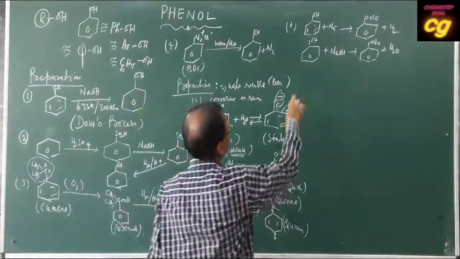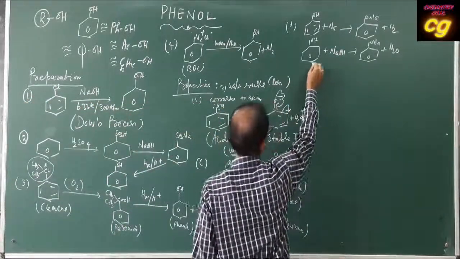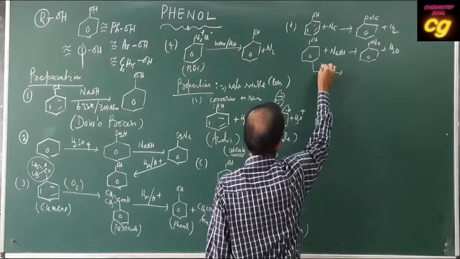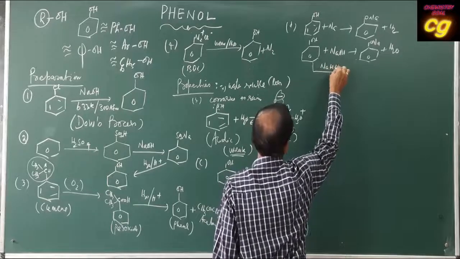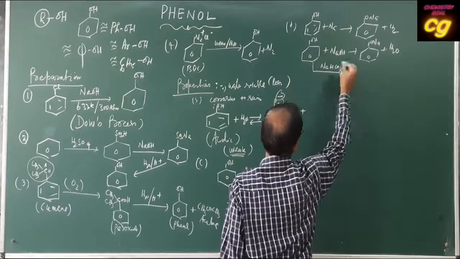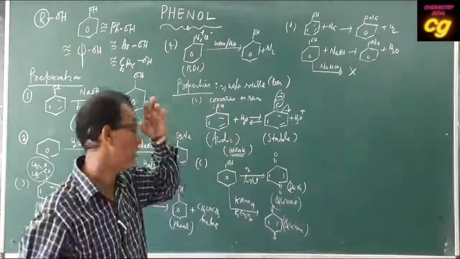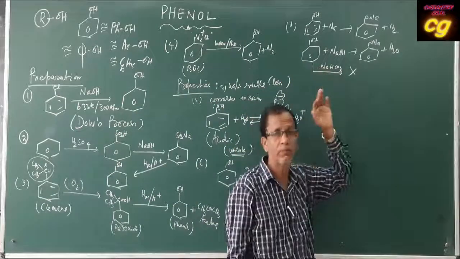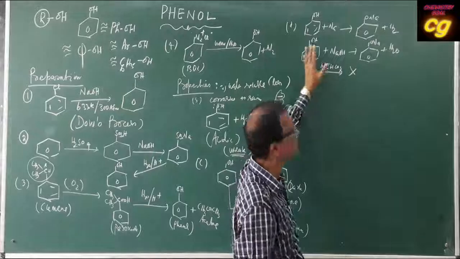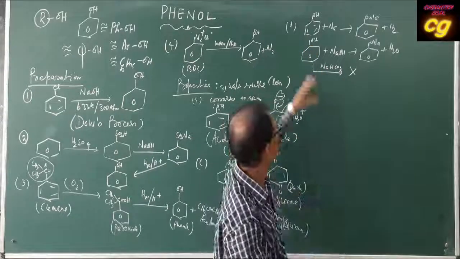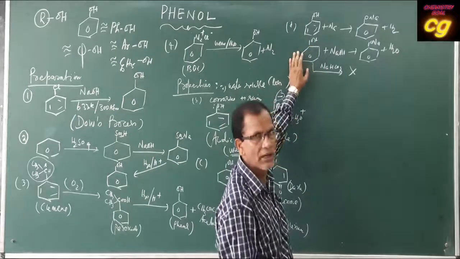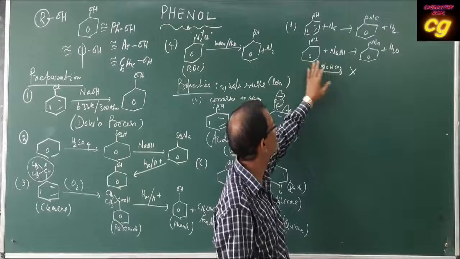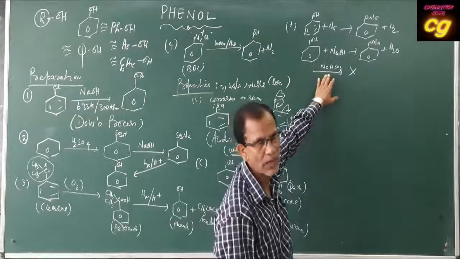Then phenol, although it is an acid, cannot react with sodium bicarbonate. No reaction. This is very important. Although it has acidic character, it cannot react with sodium bicarbonate because phenol is a very weak acid. That's why it cannot produce carbon dioxide gas.